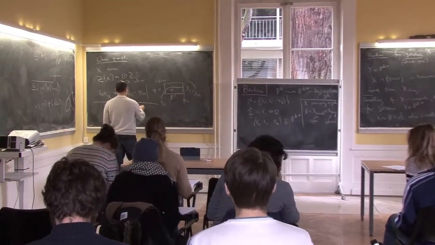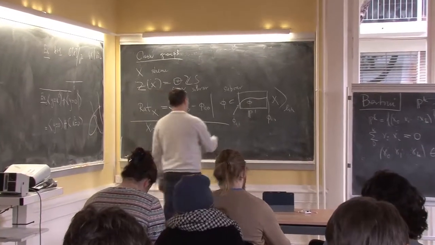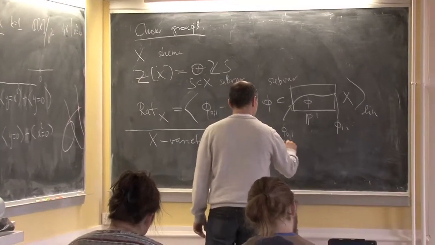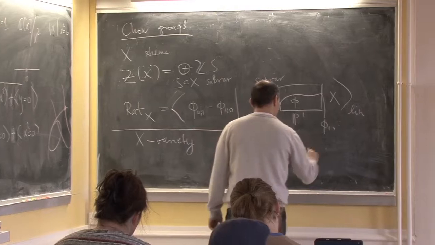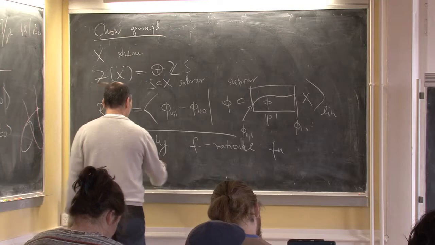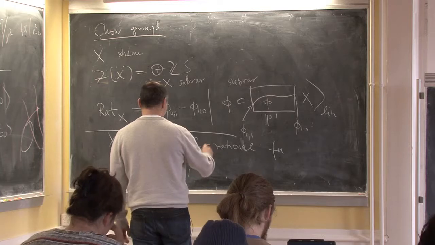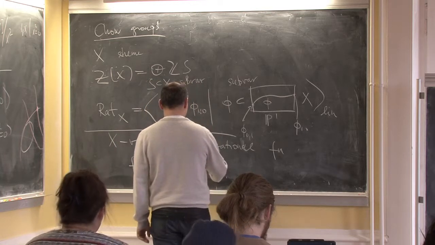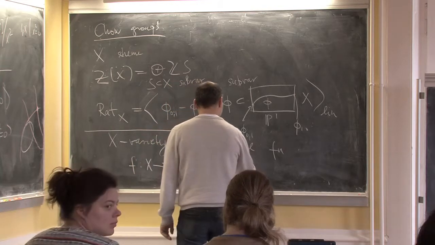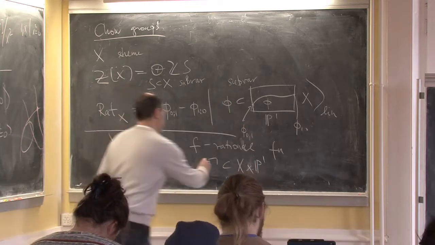So if you take a function f, or roughly, this is not completely precise, a rational function, then you can think of it as a map from X to P1, and then you can look at the graph gamma f in X cross P1.